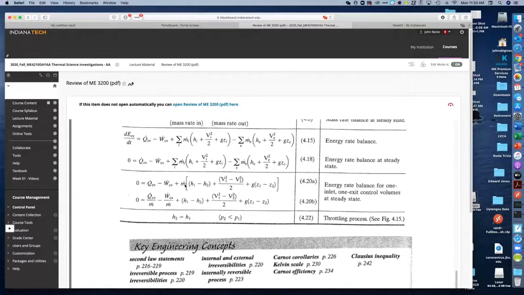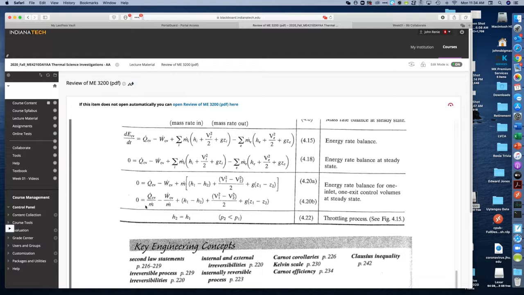By dividing this m dot through each of the terms, we then have a form of the equation that is in specific energy: the change in the enthalpy in kilojoules per kilogram, plus the change in the velocities, the kinetic energy terms, plus the change in the potential energy terms, which then are due to heat transfers and works.